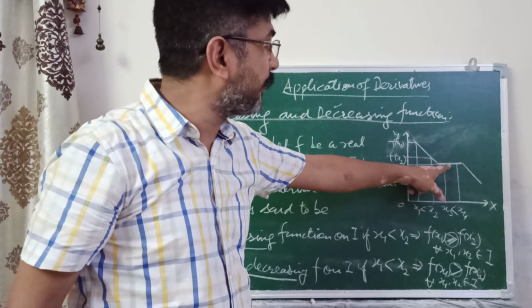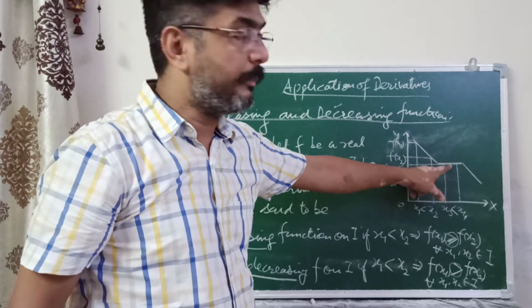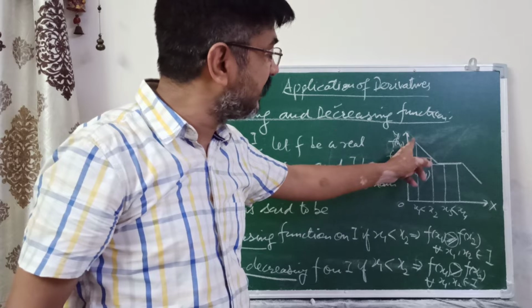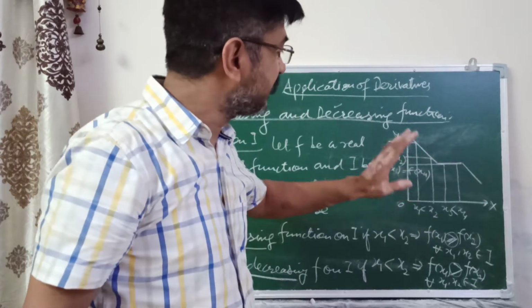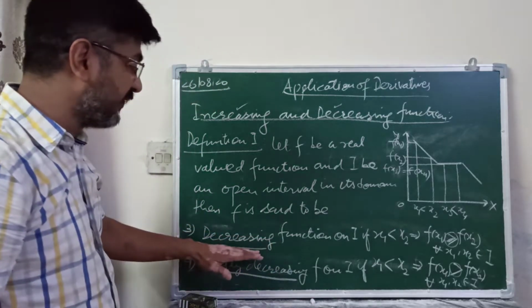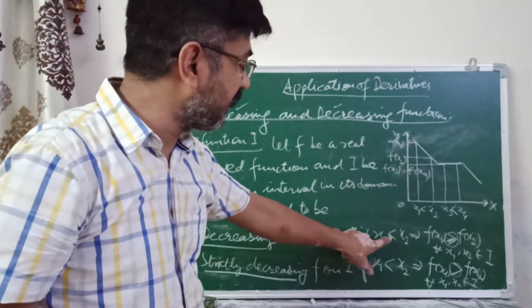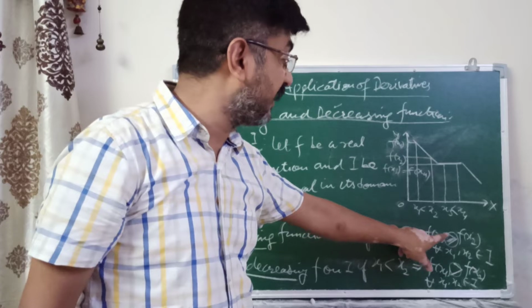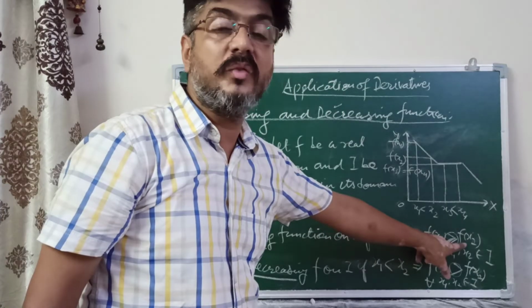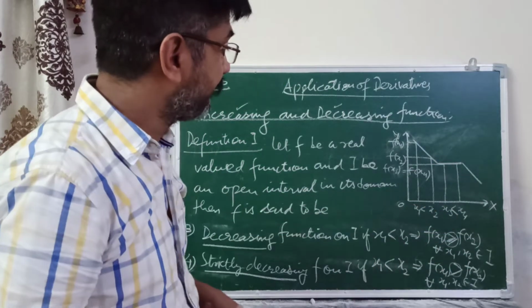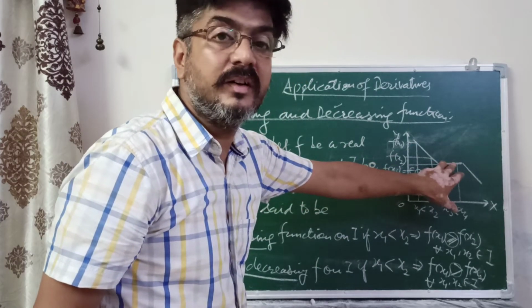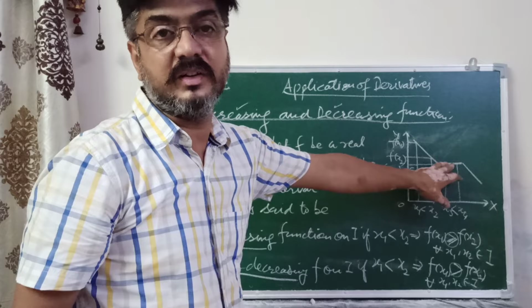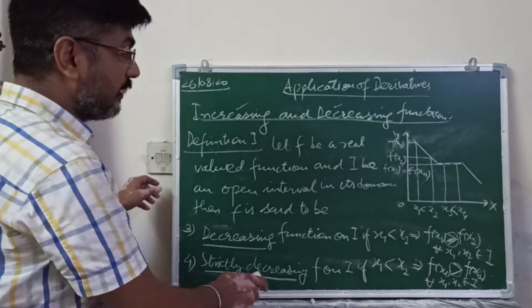It means this part is not strictly decreasing, this is parallel to the x-axis. So this is strictly decreasing here, and again strictly decreasing there. Such a function is called only decreasing function, where x1 less than x2 but fx1 greater than or equal to fx2. But if there is no such part in the graph, then it becomes strictly decreasing. Now I am going to take this graph.